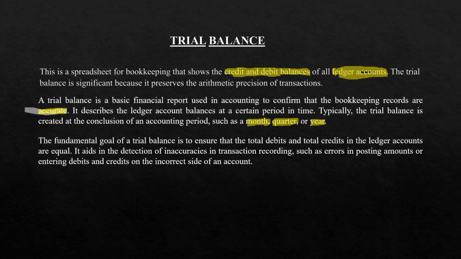So a trial balance can be extracted at the end of the month, at the end of 3 months, or at the end of the year, which is 31st December. It depends on what management agreed to, whether yearly, quarterly, or monthly. That depends on the policy of the company.